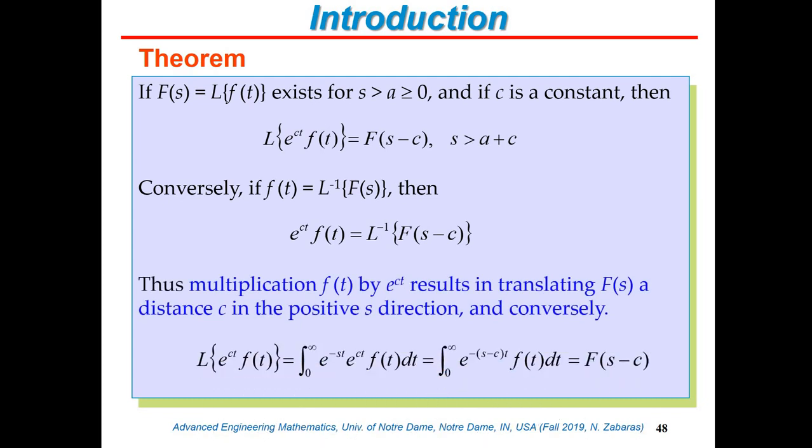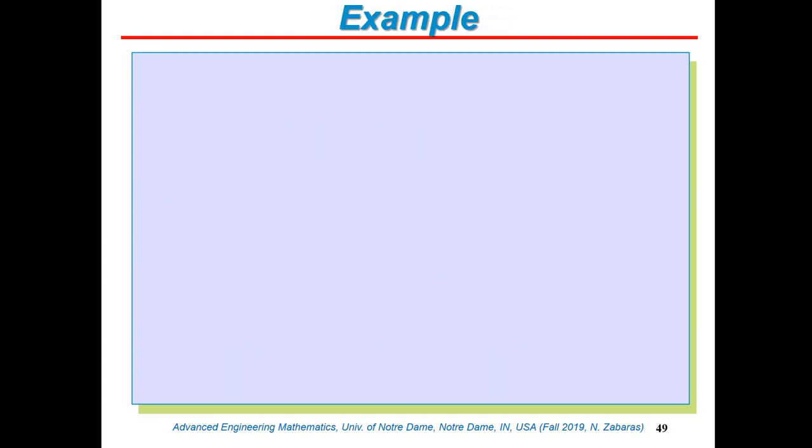The proof again is rather trivial. If you take the Laplace transform, e to the minus st times e to the ct, you combine the two exponentials, and you can see that multiplying by e to the ct in the time domain is the same as shifting by c in the Laplace domain.